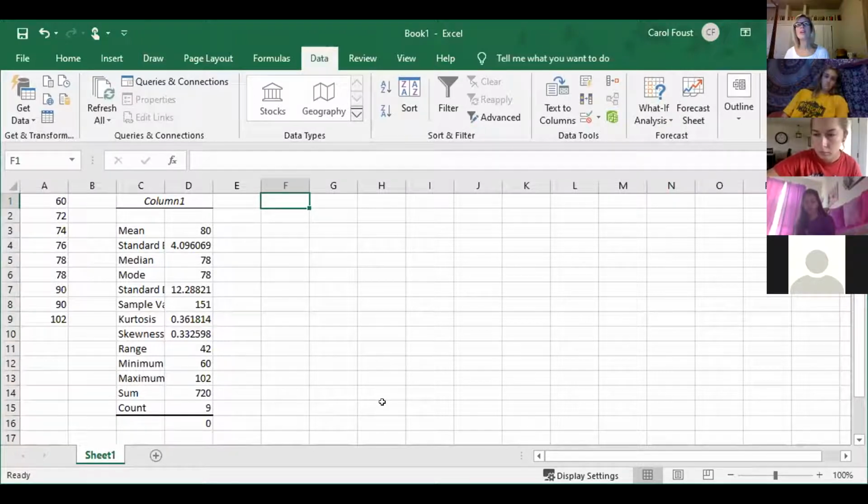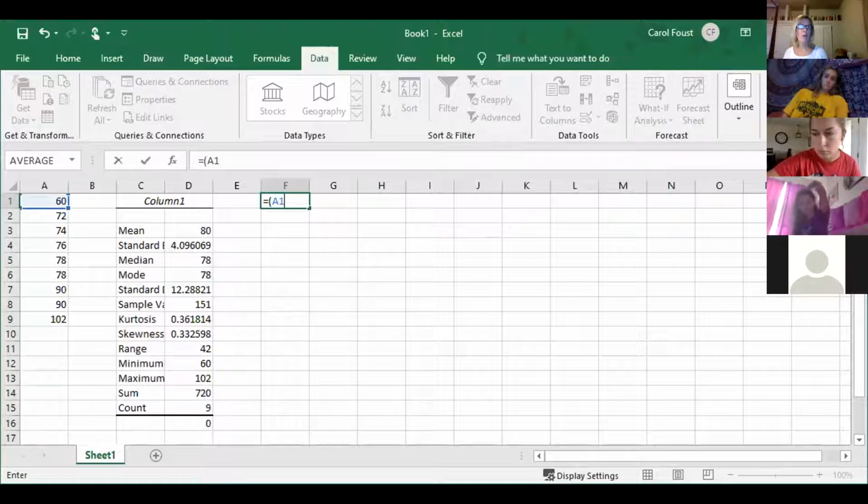You could have just done a calculation right in the cell: equals, in parentheses, A1, where the raw scores are, minus the mean of 80, and then divide by the standard deviation of 12.3.